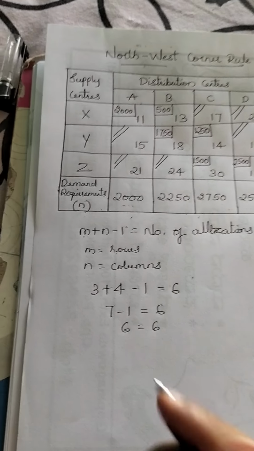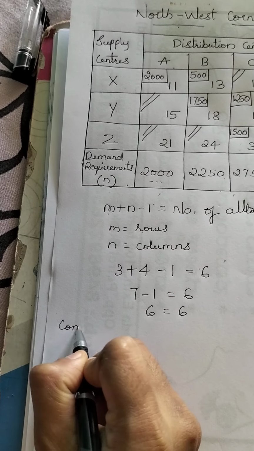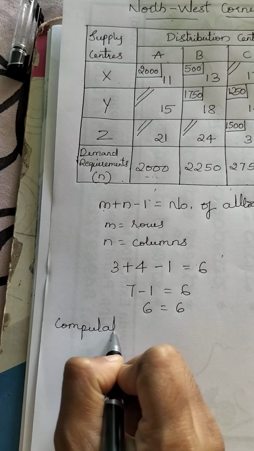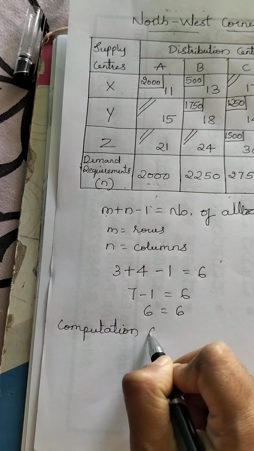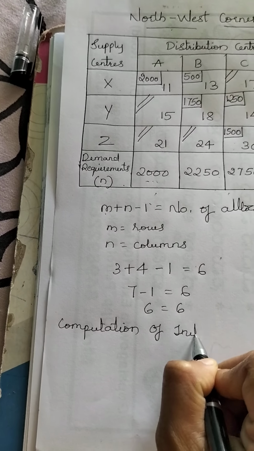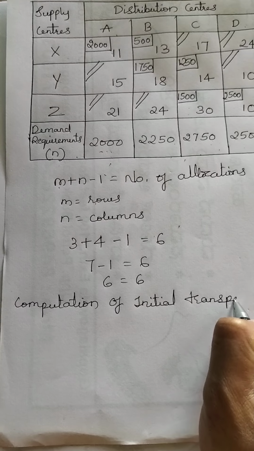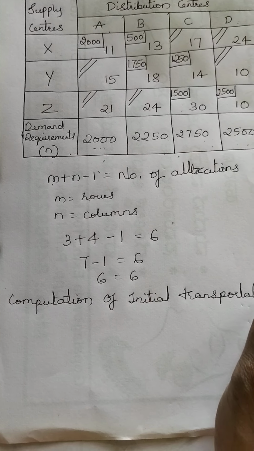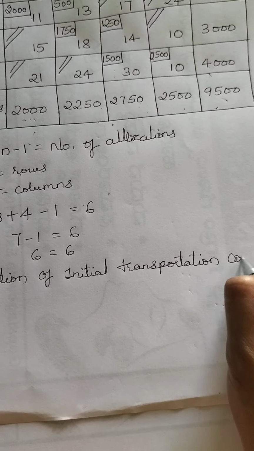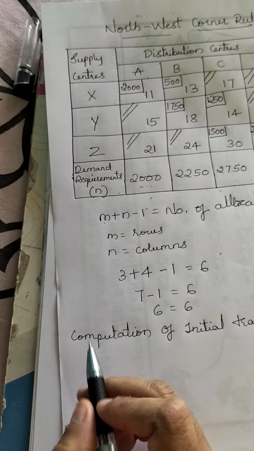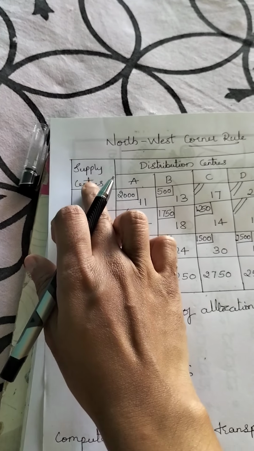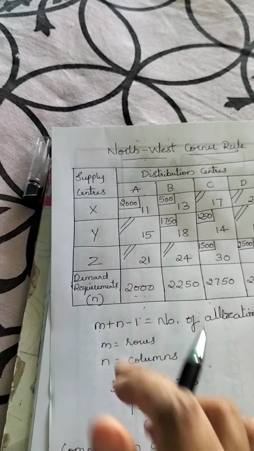So after this we have to go for computation of initial transportation cost. How it goes? We have to calculate for X center, Y center and Z center.